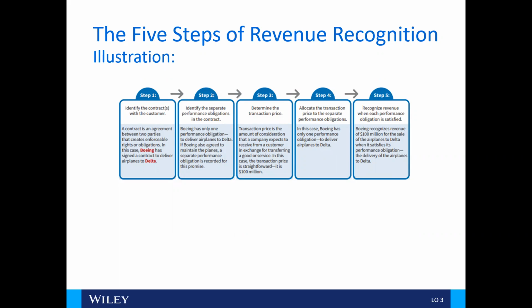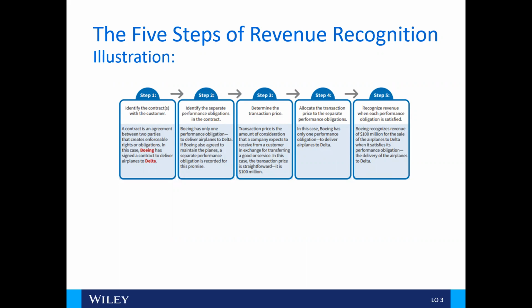So in step 1, we have to identify the contract with the customer. The example that you can see on the screen and the example that's used in your book is the example of Boeing, and they sell planes, and they're trying to sell planes to Delta. I like to use the example of coffee. You're walking into a coffee shop and you approach the counter.